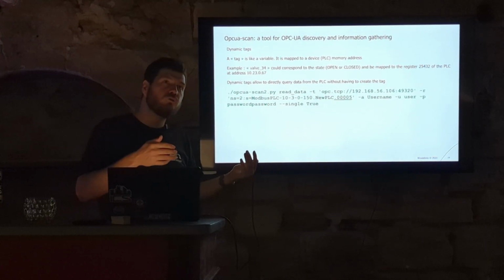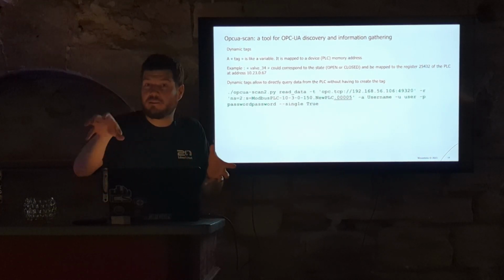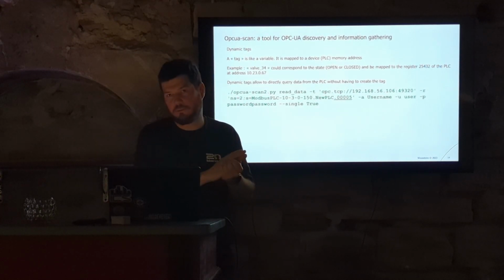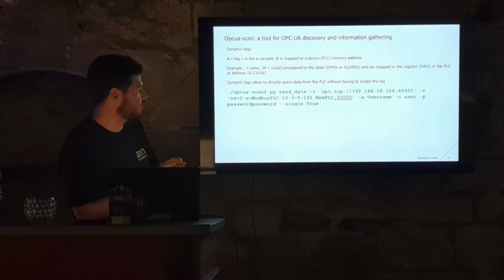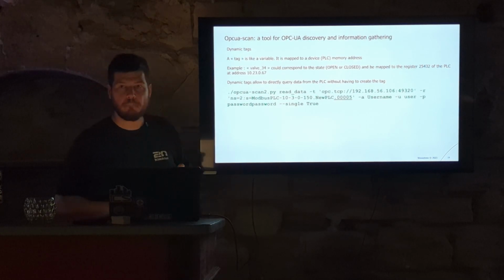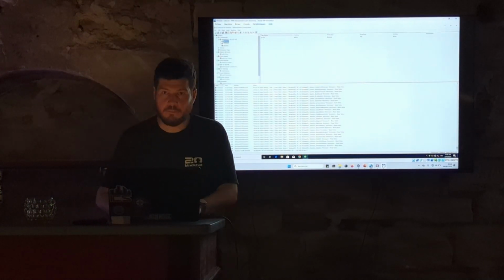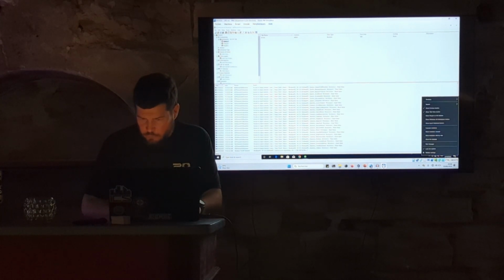And if I'm allowed to do dynamic tags, then it will bypass the access control on the tag because I'm not addressing the tag, I'm addressing something else called directly the memory address, okay? So that can be useful in pentest situations. Like, okay. Do you have specific access control on the dynamic tag, or do you have no access control on it? I can actually show you the way it works.